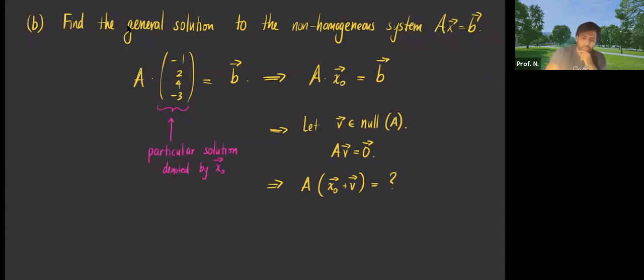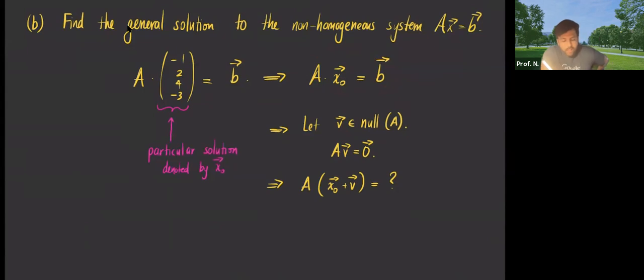Does everybody follow what I'm doing? So A x naught equals B, AV equals 0. What is A multiplied by x naught plus V supposed to equal? I'm not sure what you mean by the x naught space. I think you're saying the solution space of this, right?